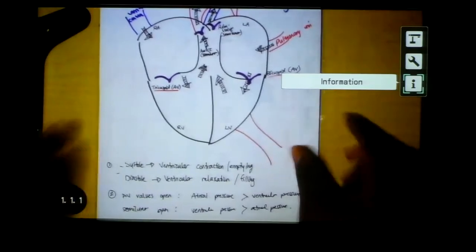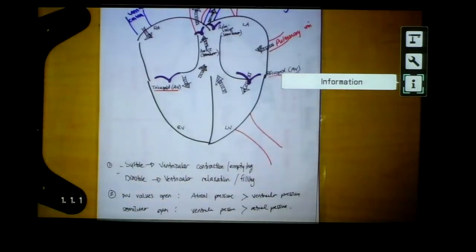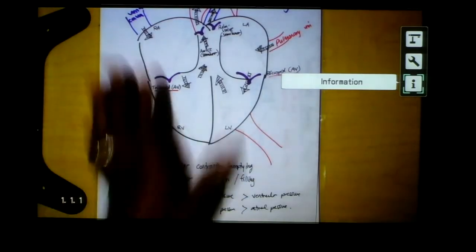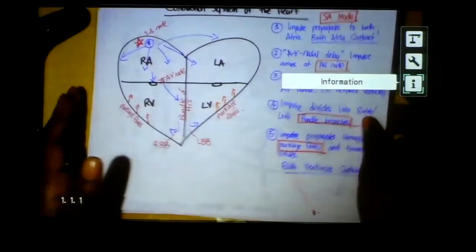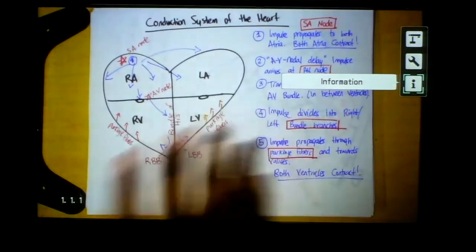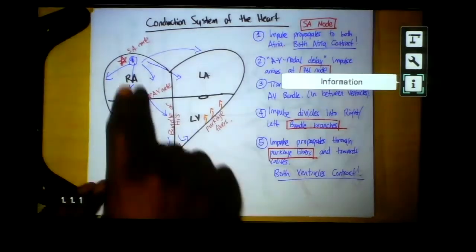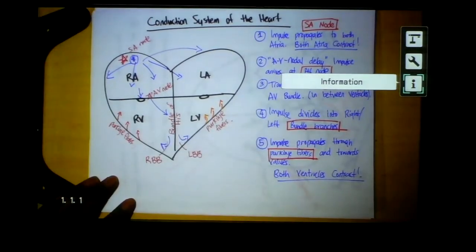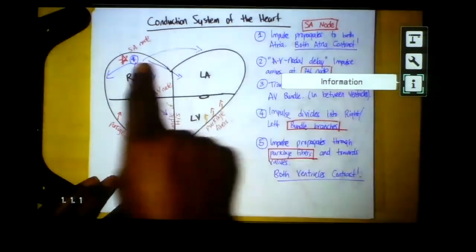Okay. The next thing I will go over, I didn't get questions on this, but I'll just touch on it briefly, is the conduction system here. Okay, and if you have questions on it, you can feel free to point those out. But we talked about the conduction system. Okay, make sure you know that the impulse is traveling from the SA node.